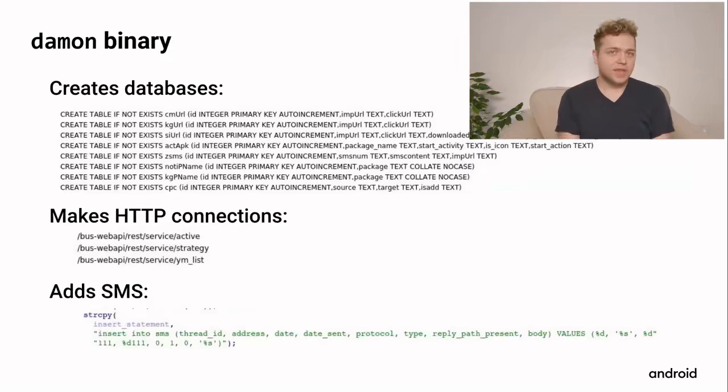Interestingly, the same binary adds fake text messages into the SMS table. So it locates the database that holds all text messages on an Android phone, and then creates new text messages. These text messages can be either added to an existing thread.